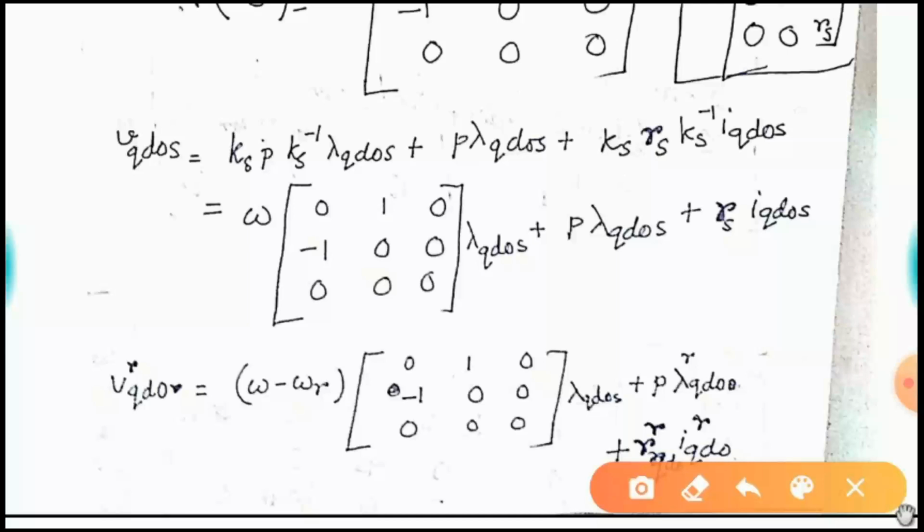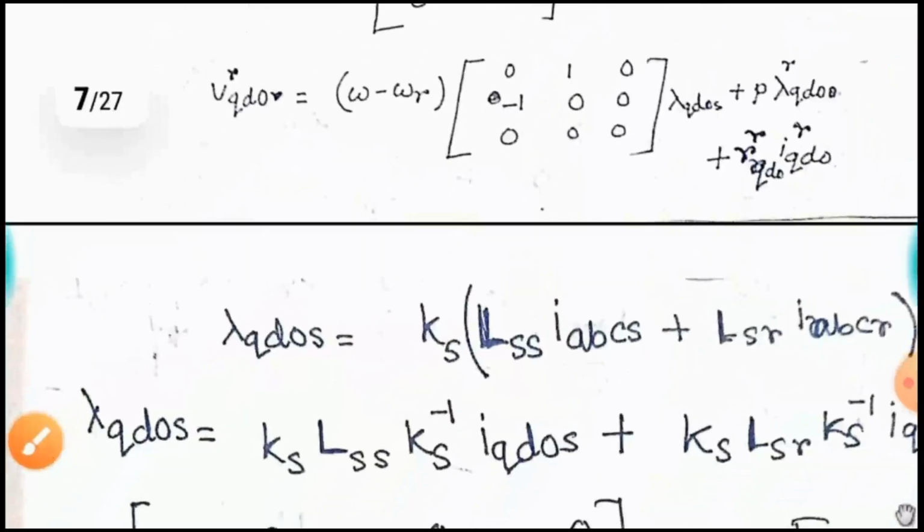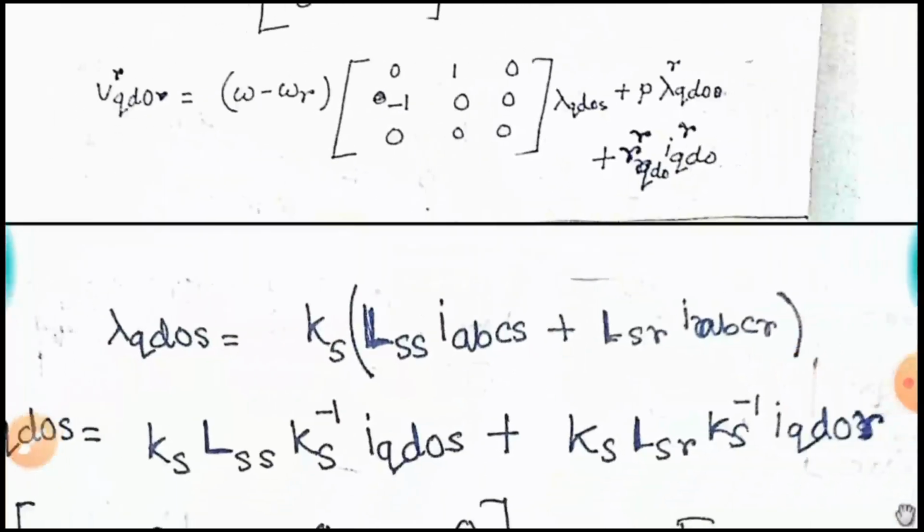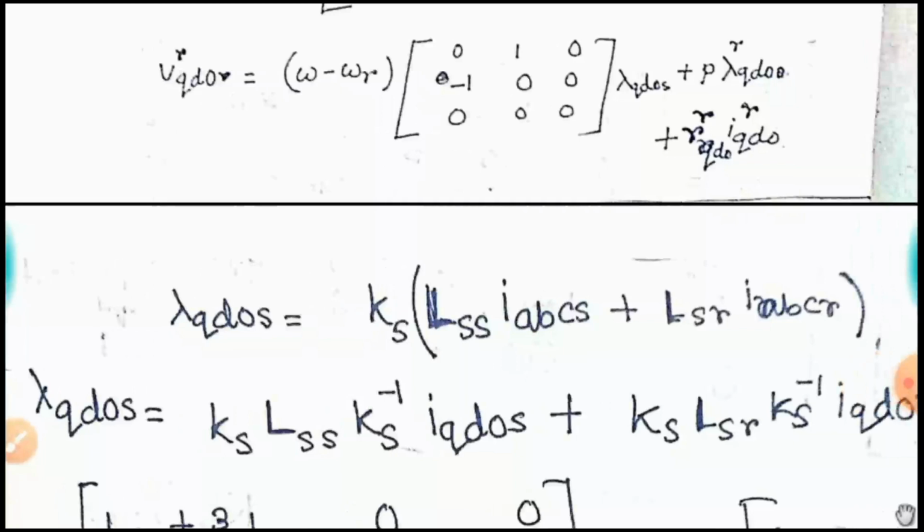When you are considering that time, your QD0 frame is fixed, which is why you are getting this. And if you attach that QD0 frame with your rotor, then you will have an expression like this. Anyway, I will come to this later, right?